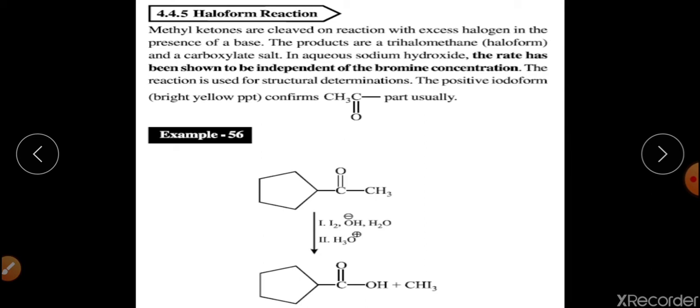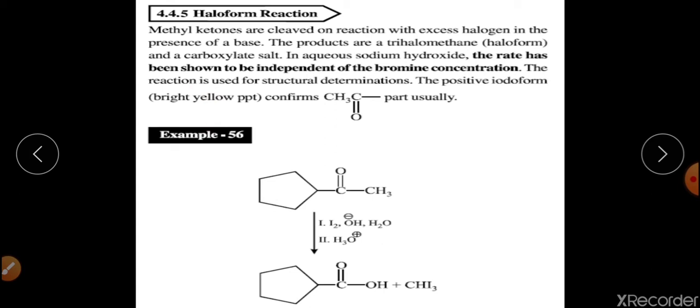So this particular reaction is called the haloform reaction, and in case of haloform reaction generally haloform will be synthesized. For example, if we talk about the iodoform, this is basically a test for identification, right? So in this case, for example, we carry out the reaction with iodine and sodium hydroxide. At that time iodoform will be synthesized, and that iodoform will have yellow color precipitates, right?